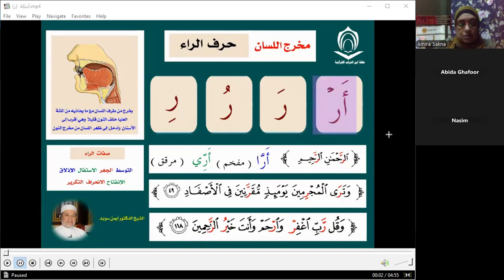Ar, ar, ar, ra. You remember, my dear sister, we said that any letter with any short vowel, when we pronounce it, we have to achieve two makhraj, two articulation points.